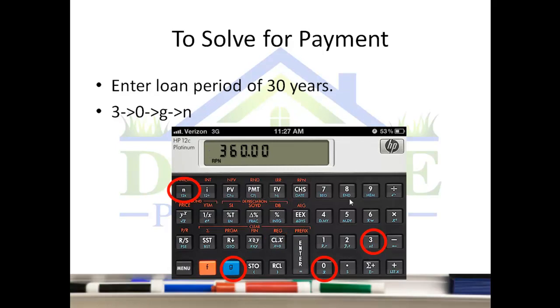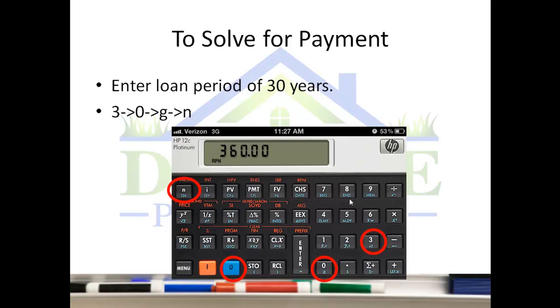So here we go. To solve for payment, which is the first thing we're going to do, we enter the loan period of 30 years. So it's 30, G, then N. The reason you press G, and I don't know if you can see it on the screen, is that on the N in blue it says 12x.